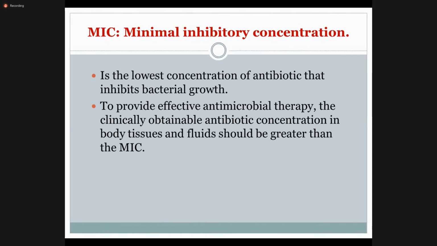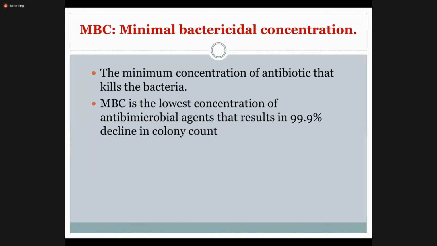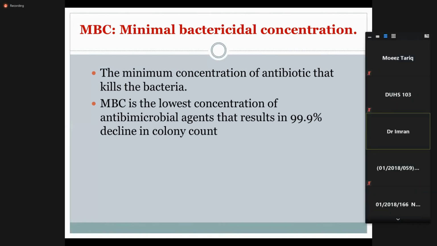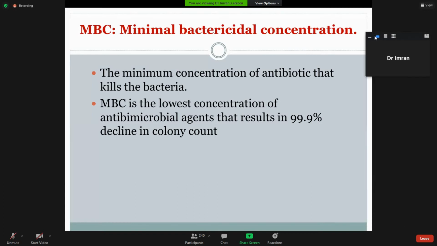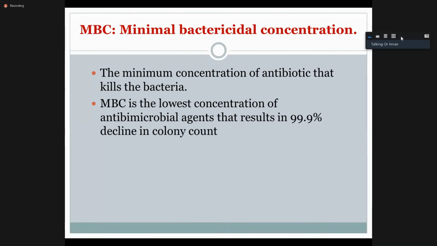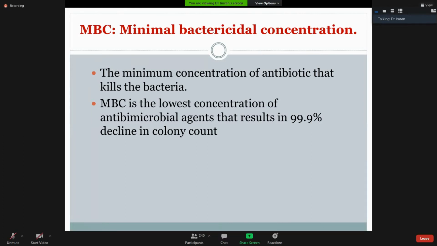And this already we have explained. Minimal bactericidal concentration is the minimum concentration of antibiotic that kills the bacteria. And MBC is the lowest concentration of antimicrobial agent that results in a 99.9% decline in the colony count or the viral burden, right?